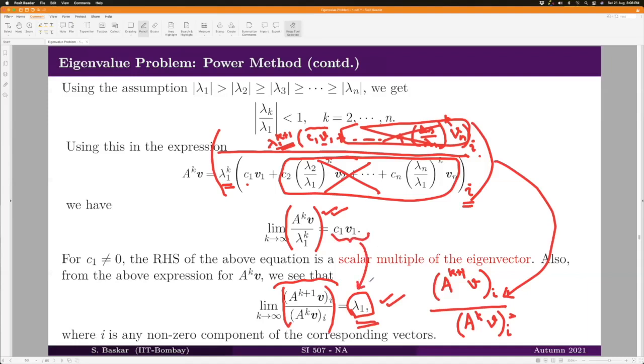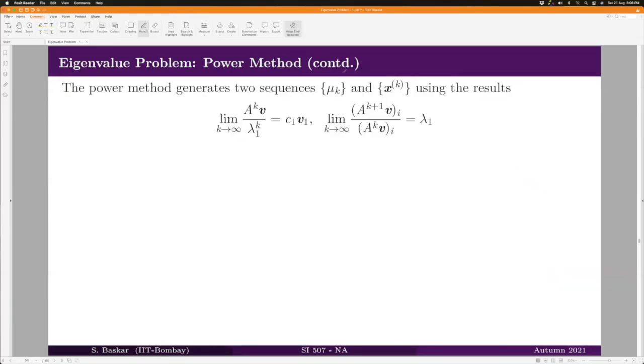So this is the basic idea of the power method. Let us precisely write the formulas now in the form of an iterative sequence. So we have two sequences, as I told. One is a sequence of real numbers and another is a sequence of vectors. And we have to construct these two sequences using the idea that we developed previously.